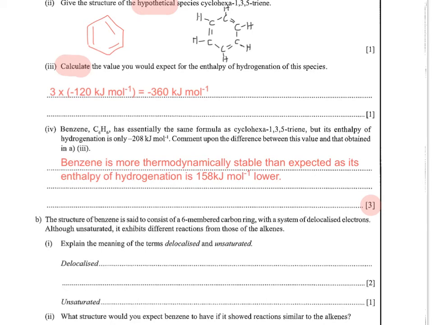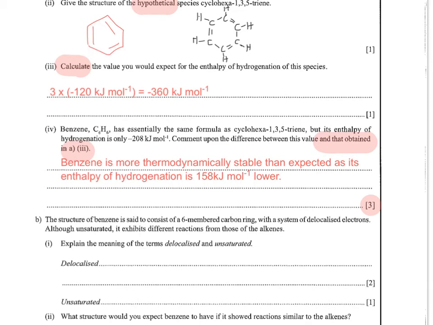So obviously, because in the question it said comment upon the difference between this value and that obtained in A part III, I've made a mathematical reference to the fact that it's not just more stable because its enthalpy of hydrogenation is lower. I've said by how much. So I've said that it's 158 kilojoules per mole lower.